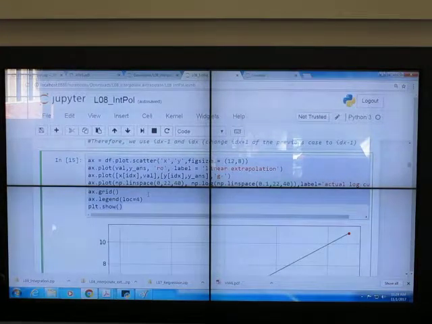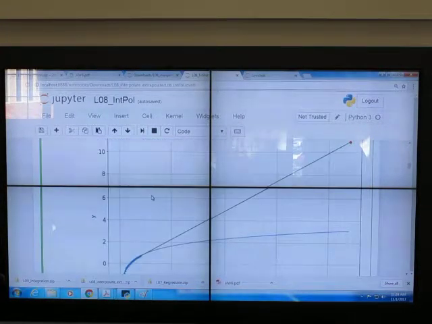Do you? Okay. What's the problem with trying to do linear extrapolation with a log function? The answer is wrong. It's very wrong. So if the point is far away, it will be worse. Why do we want to do something like that?